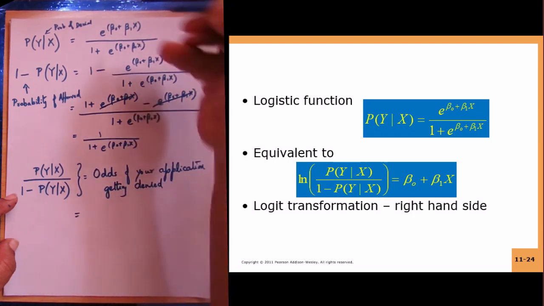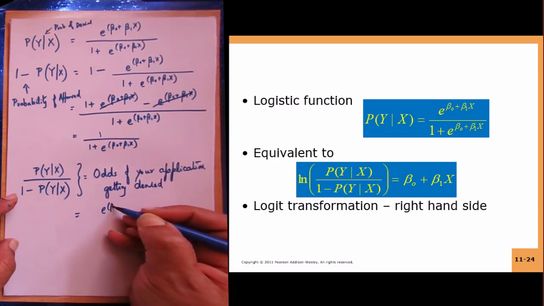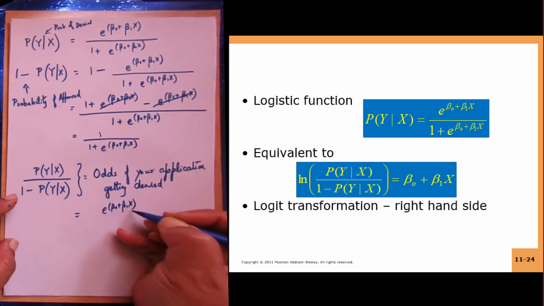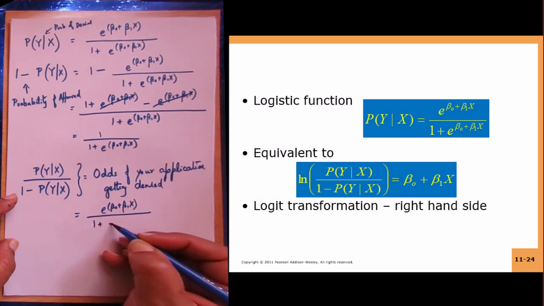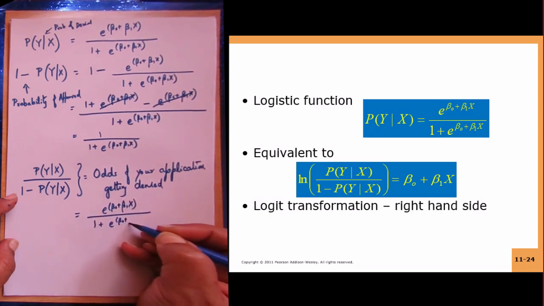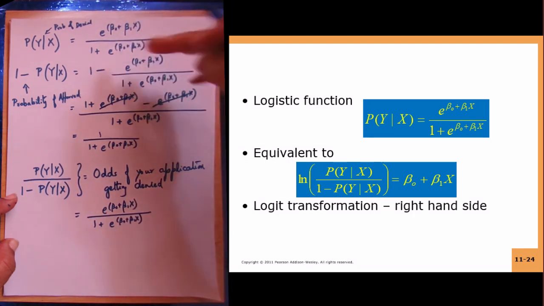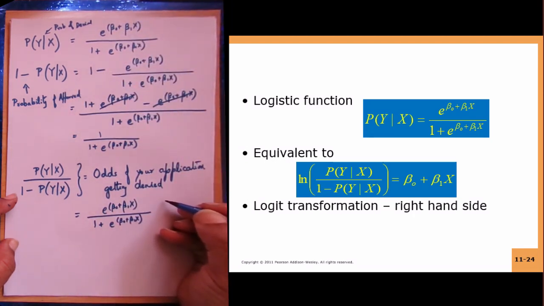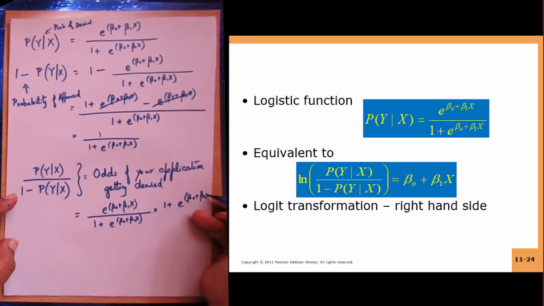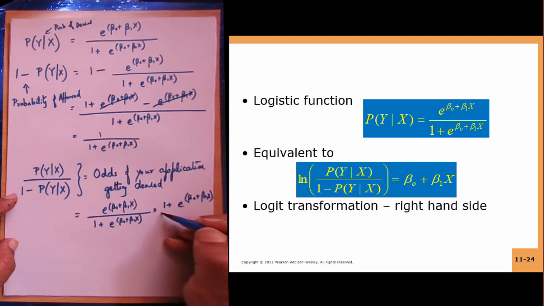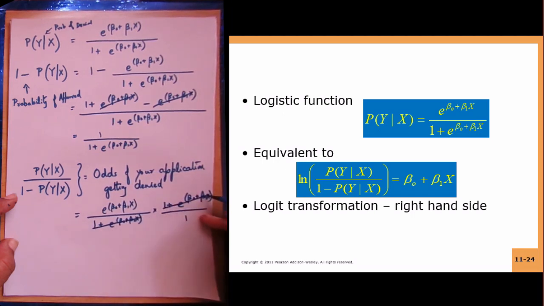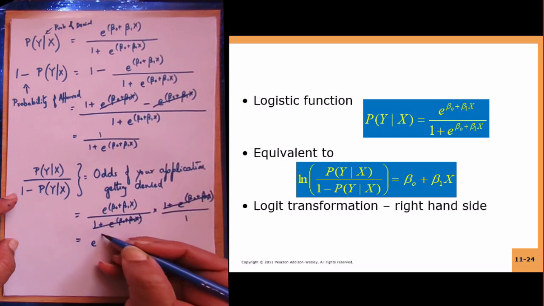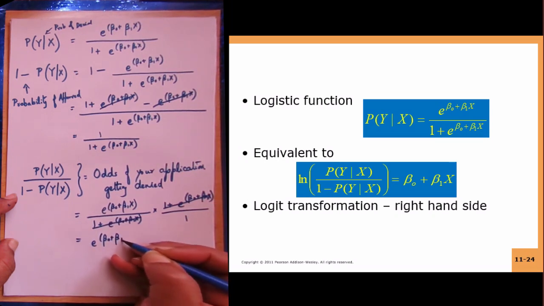And this is equal to e to the power of beta 0 plus beta 1 x divided by 1 plus e to the power of beta 0 plus beta 1 x, divided by 1 over 1 plus e to the power of beta 0 plus beta 1 x. You flip this over and multiply, so this cancels out, and that is equal to e to the power of beta 0 plus beta 1 x.